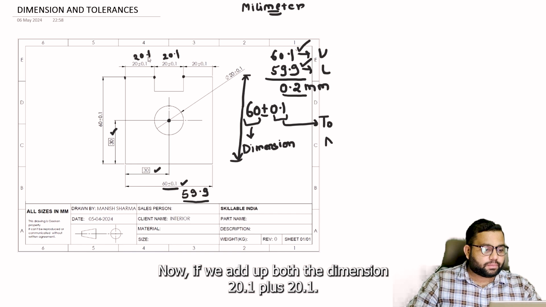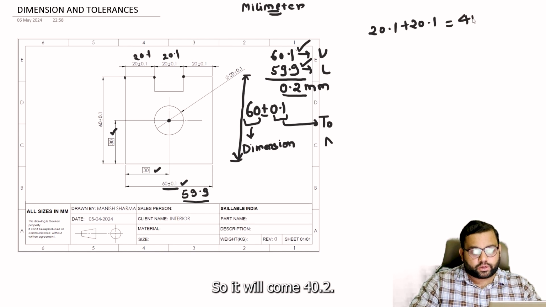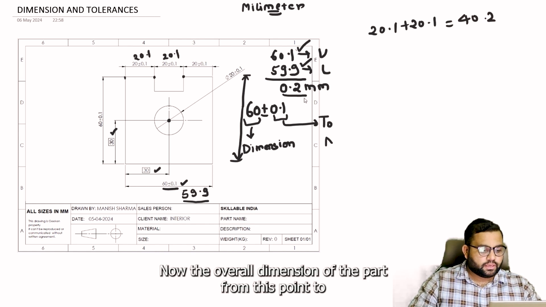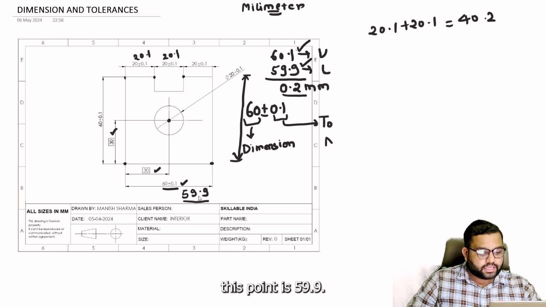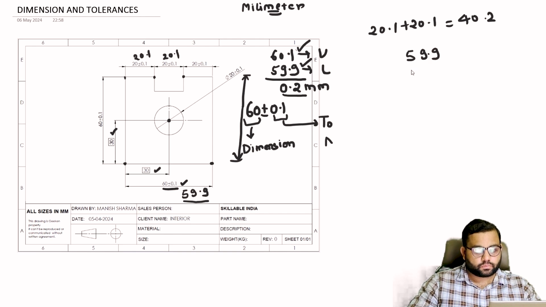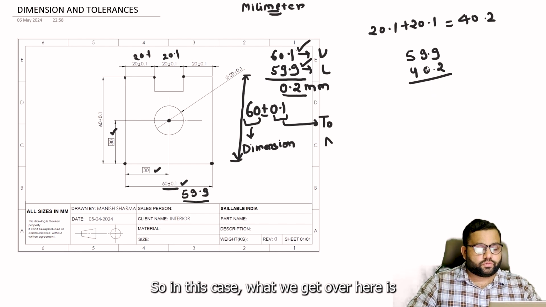Now if we add up both dimensions, 20.1 plus 20.1, it will come to 40.2 mm. Now the overall dimension of the part from this point to this point is 59.9.